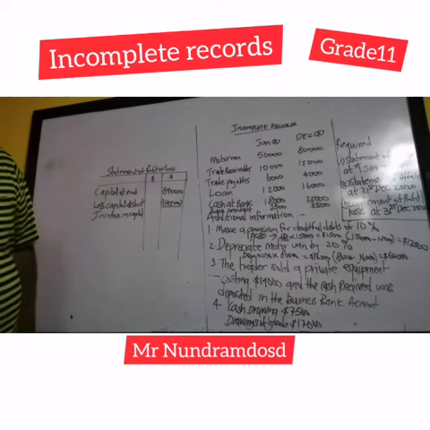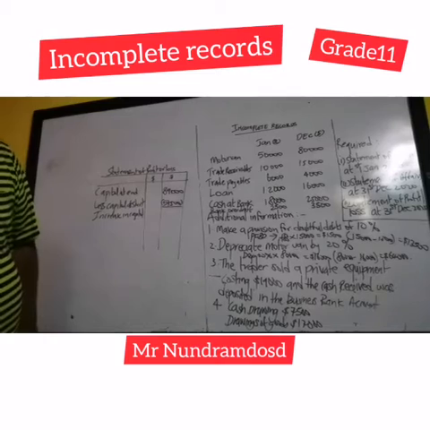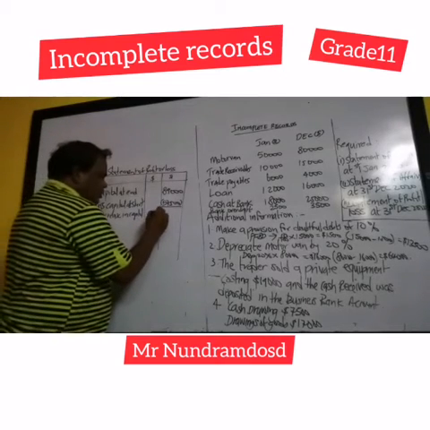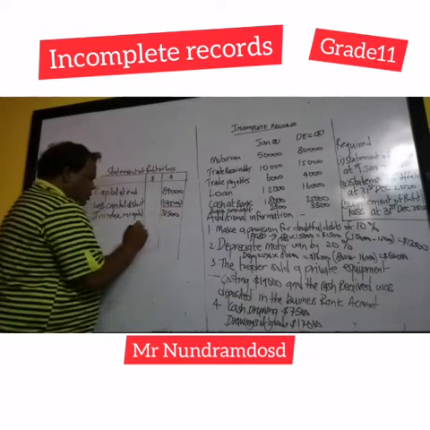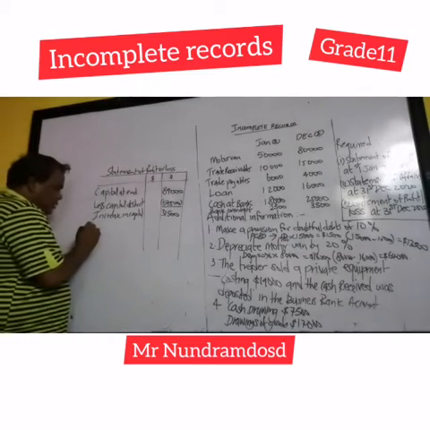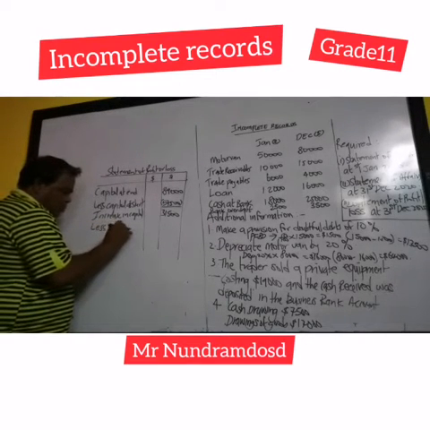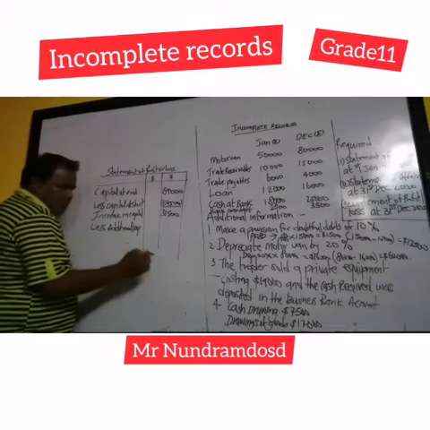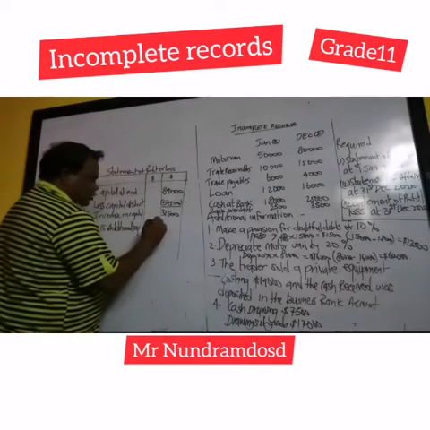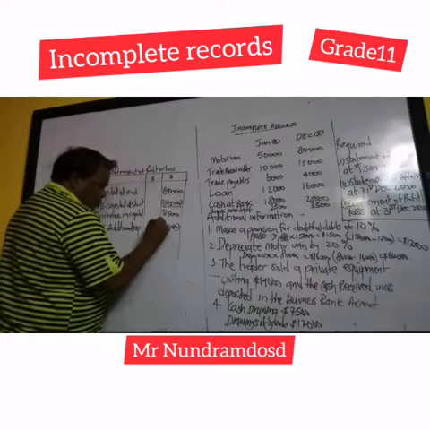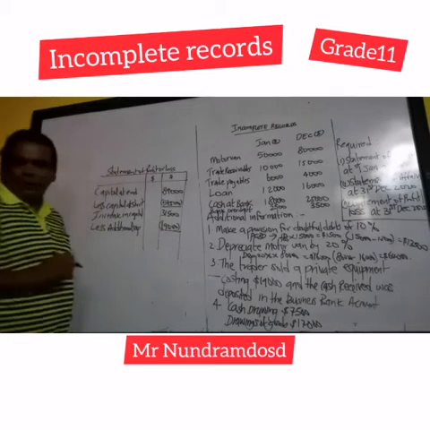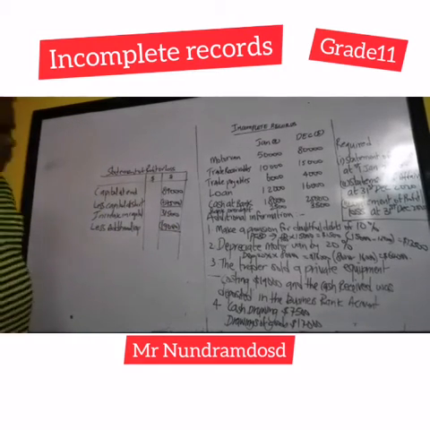So increase in capital, 31,500. And then we less additional capital. This is adjustment number 3, 19,000. So 31,500 less 19,000 is 12,500.